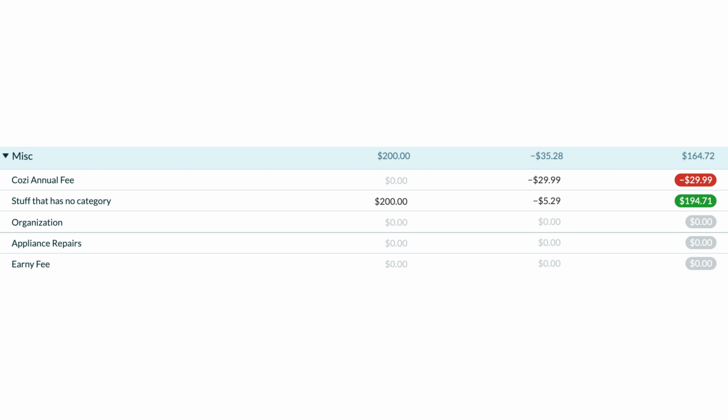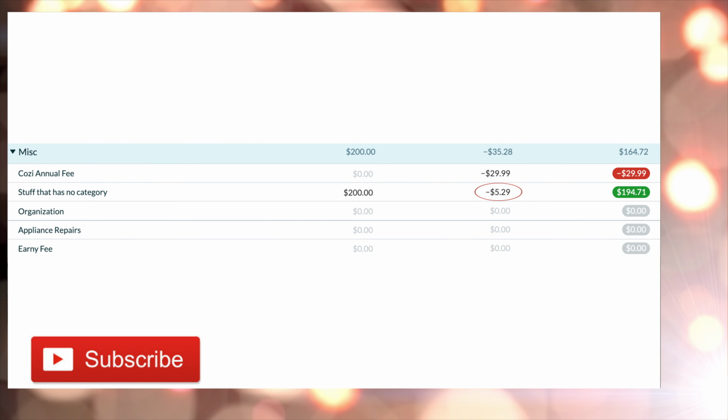In the miscellaneous category, this is the category that things are going to happen every month, every year, but they don't really have another place to go. So like our Cozy annual fee. Cozy is the app that Mauricio and I use as our family calendar, and we pay $29.99 every year to have the ad-free version because the ad version is super annoying. And then our stuff that has no category, $5.29 for a bottle brush for me to clean in the kitchen, to clean our coffee mugs out.